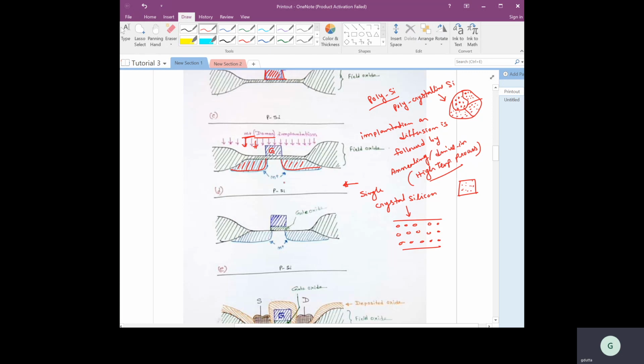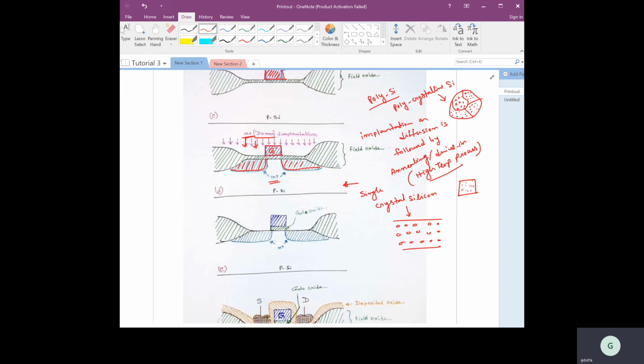So I think you have also noticed that when you are making this n plus region for NMOS, you are also doping this polysilicon gate with n type. So always remember that. For NMOS, the polysilicon is also doped with N type.